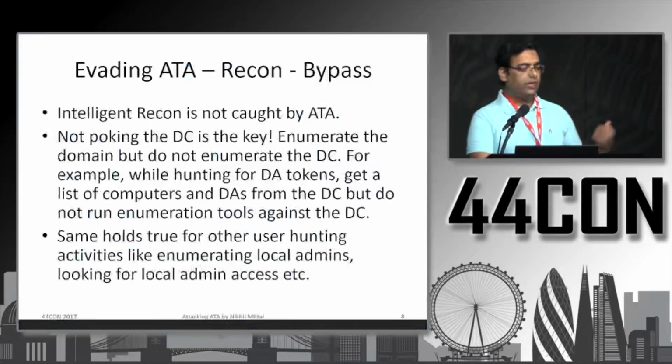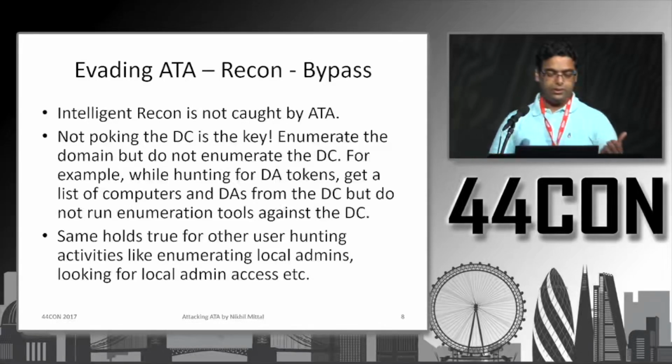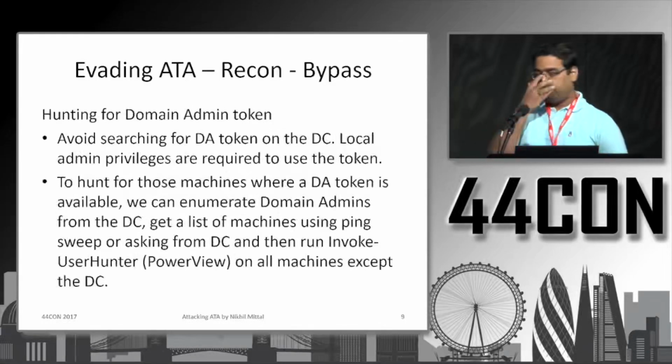So you can use it for, let's say, looking for local admins or any interesting thing you would like to. Just keep in mind to only extract information from the DC and do not run intrusive enumeration against the DC itself, and you will be fine with that.